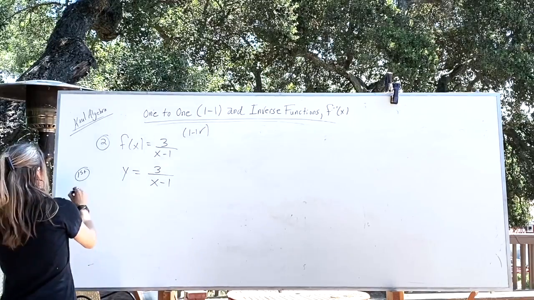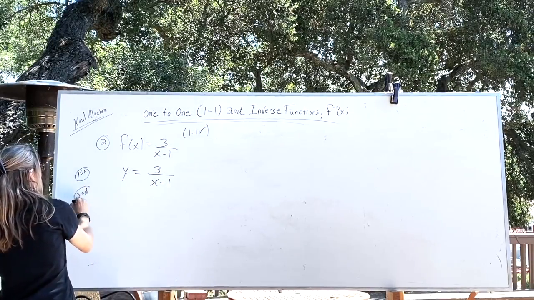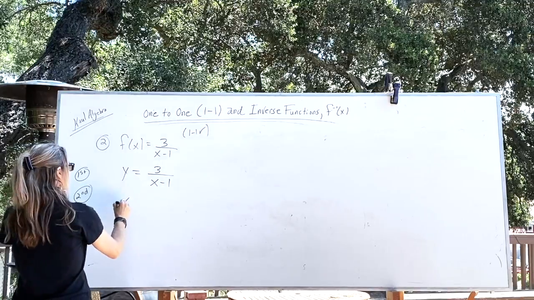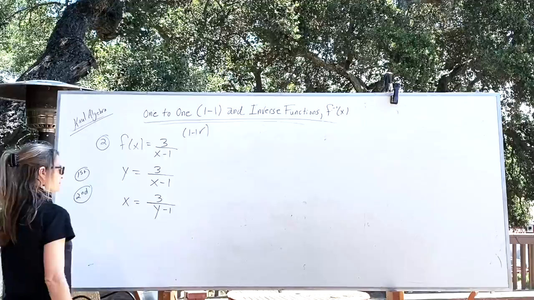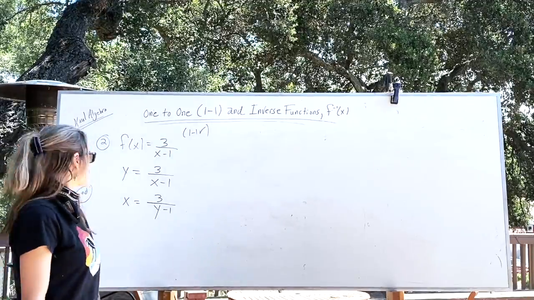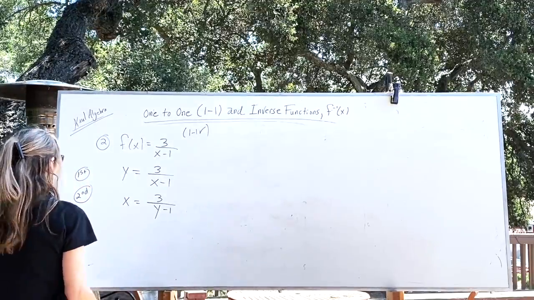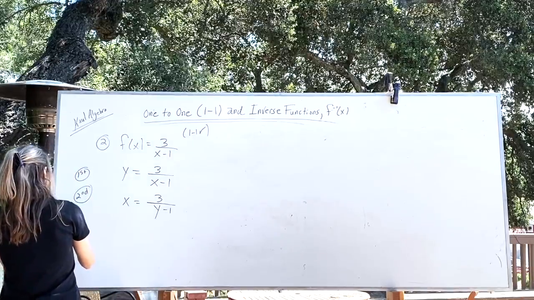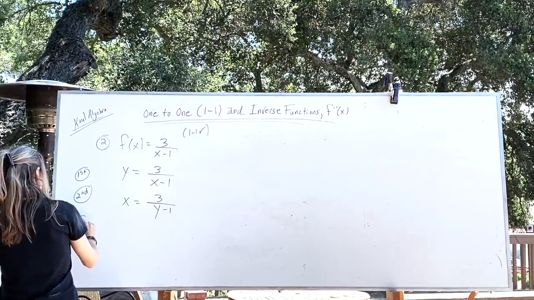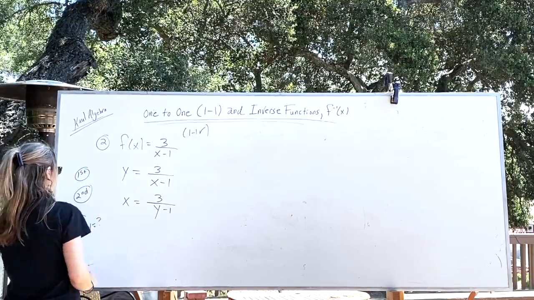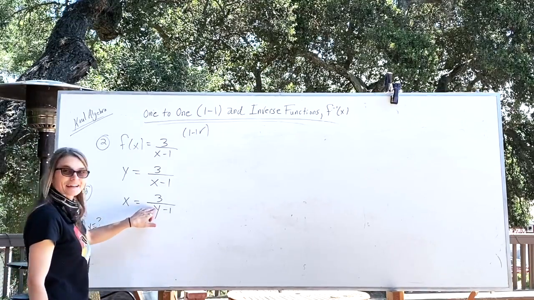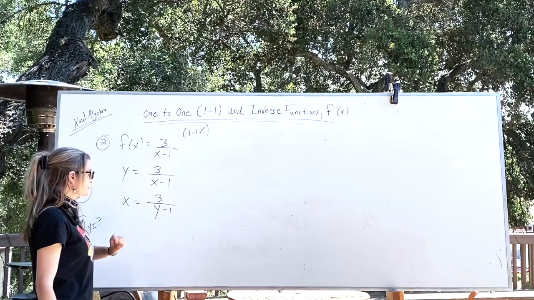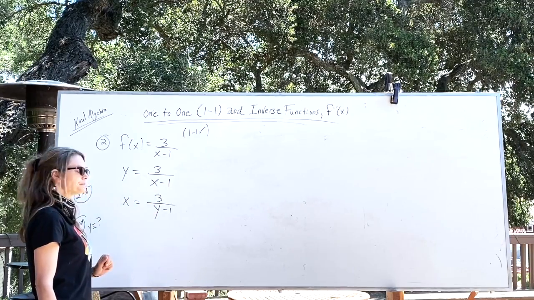Then our second step is to swap x's and y's. We get x equals 3 over y minus 1. And third, we want to solve for y. So we want to isolate the y variable.